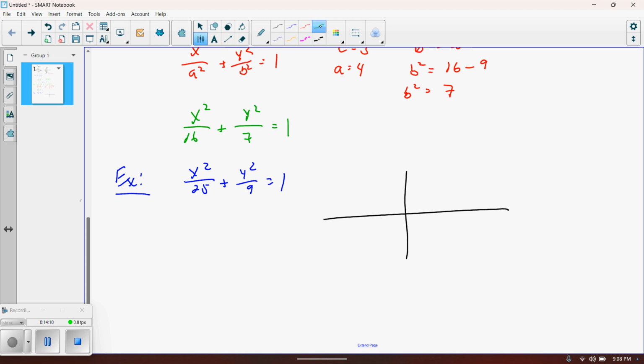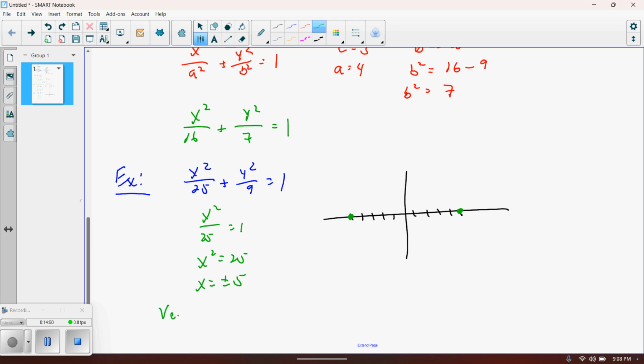And if y equals 0, that y squared term goes away. What you would have left is x squared over 25 equals 1. Multiplying both sides by 25, and then taking the square root, you would get the x values have to be plus or minus 5. So 1, 2, 3, 4, 5 in either direction is going to be my major vertices.